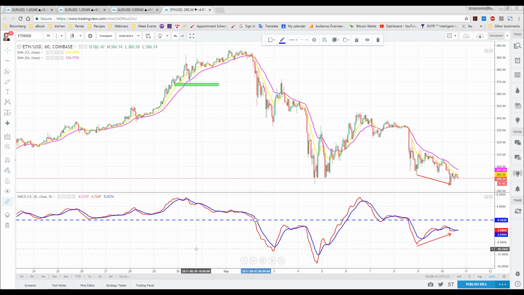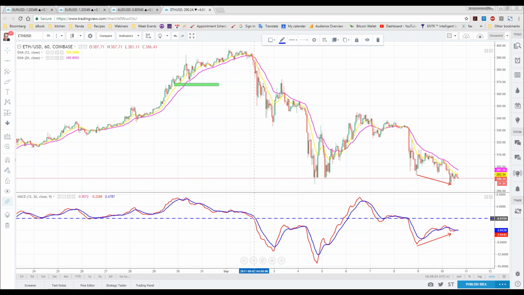Okay, and so I just plotted for you the 0 line. I'm trying to get as close to 0 as possible. That's the 0 line. Okay, so this is our zero line.